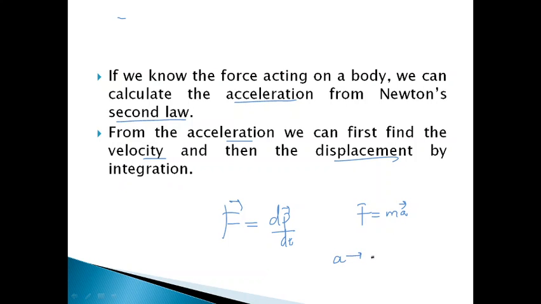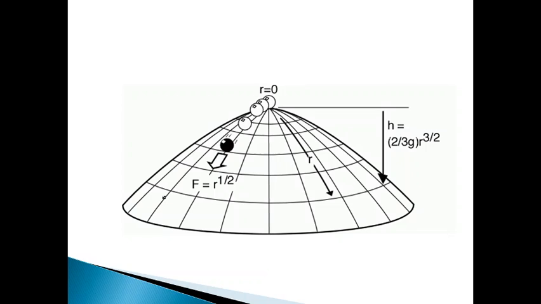Acceleration is dv by dt, right? And it is d square x by dt square, where x is the displacement. So if you have the value of acceleration, you can automatically find velocity, and you can also find displacement by just integration. So if you are given acceleration and force alone, other physical features and the evolution, the displacement, in the future can be predicted.